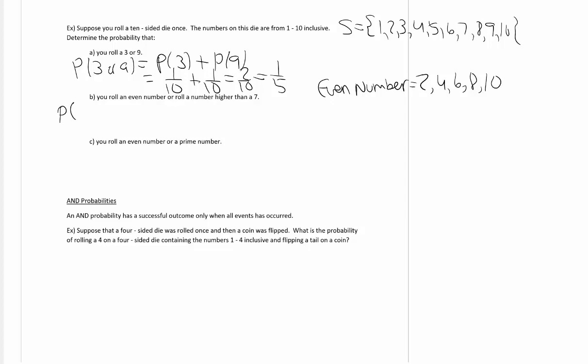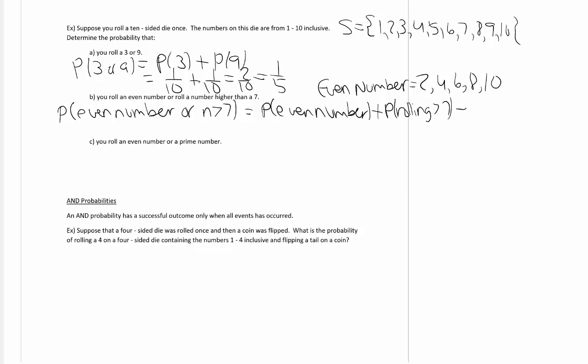So the probability of rolling an even number or a number greater than 7 is equal to the probability of an even number plus the probability of rolling greater than a 7 minus the probability of rolling an even number greater than 7.